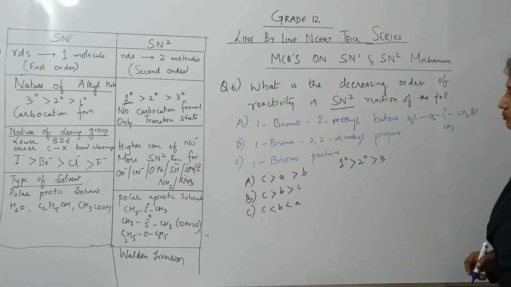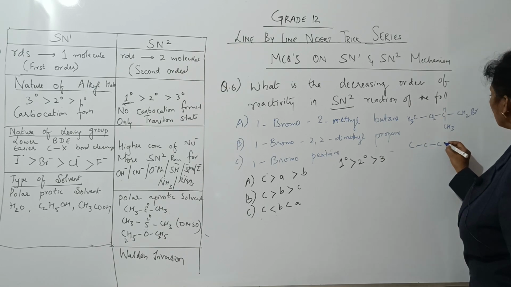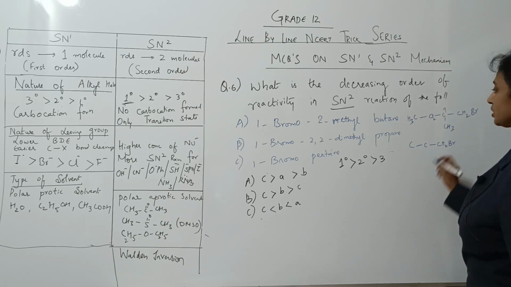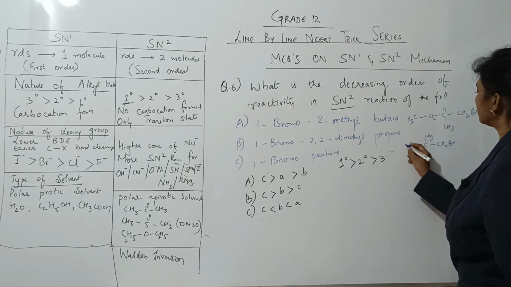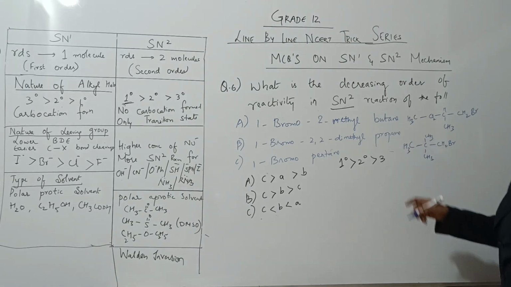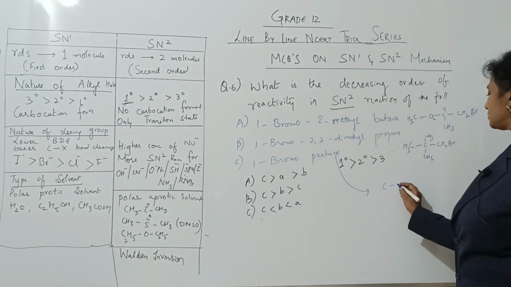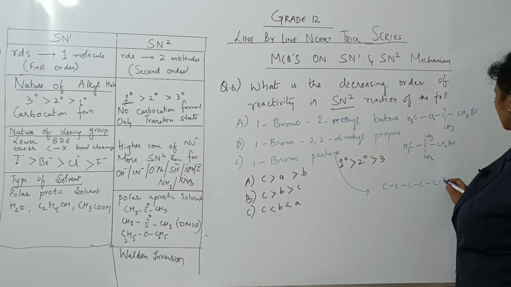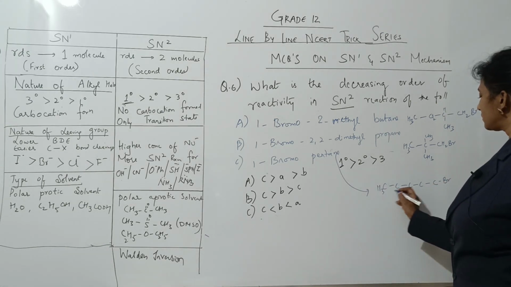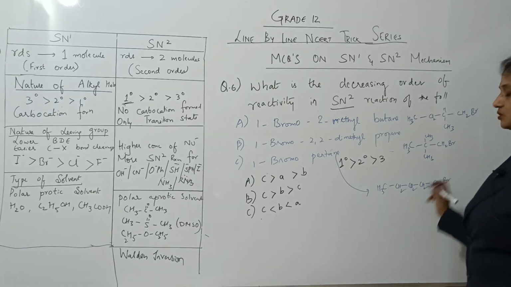Then 1 bromo 2,2 dimethyl propane: 1, 2, 3. 1 bromo, okay, CH2Br. 2 dimethyl, there are methyl groups on the second carbon. This is done. Then the last one, they have given me 1 bromo pentane. 1, 2, 3, 4, 5. So this is your bromine atom. So let us write 1 bromo pentane. This is done. Now label it.